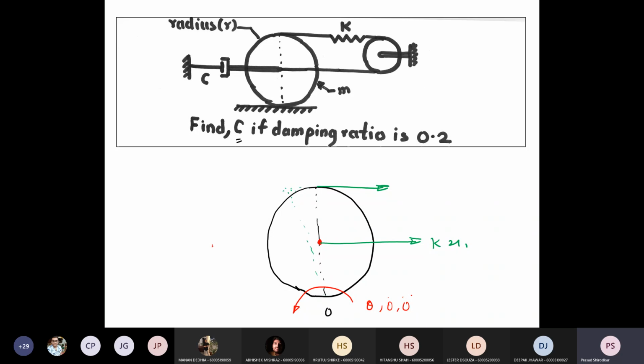Spring force is kx1. So here also the spring force will be how much? Kx1.